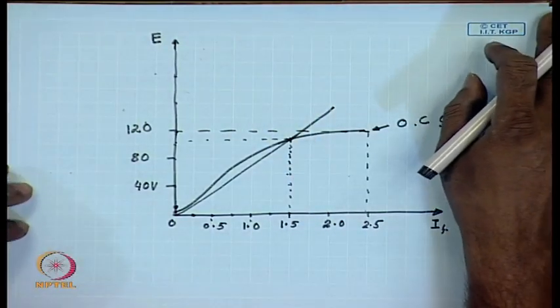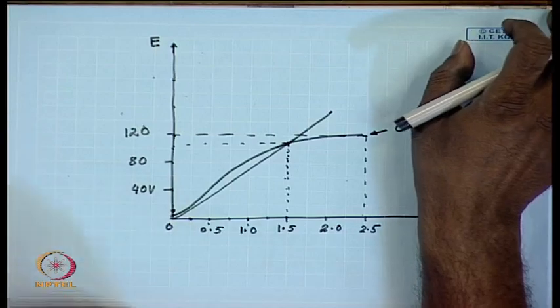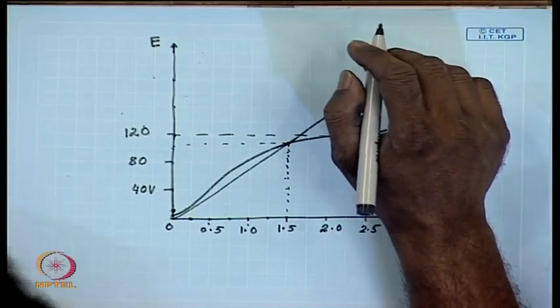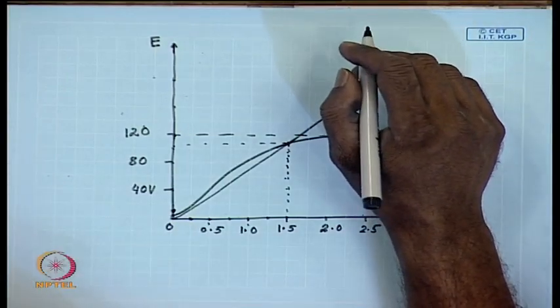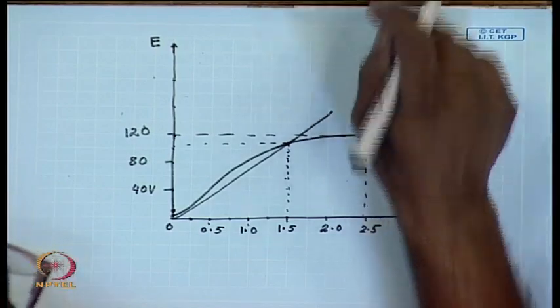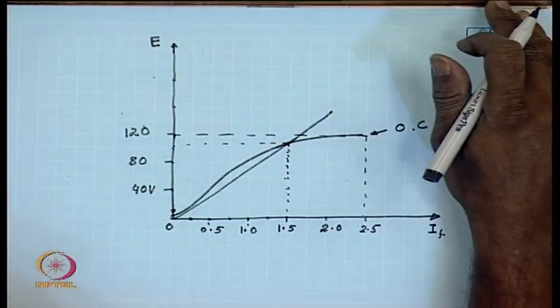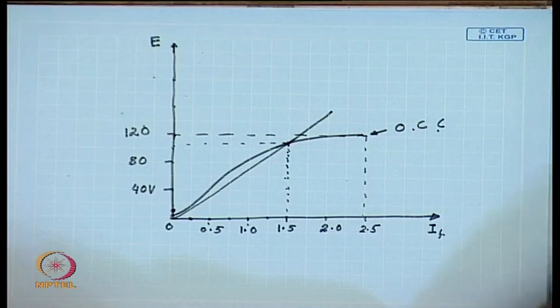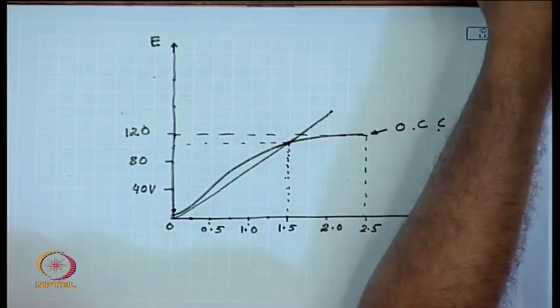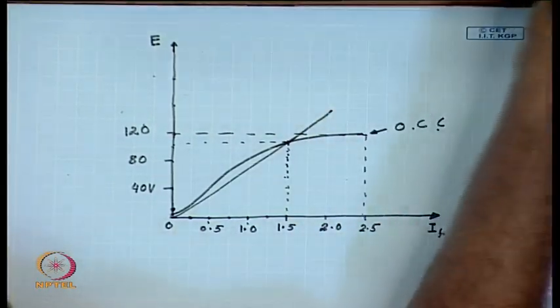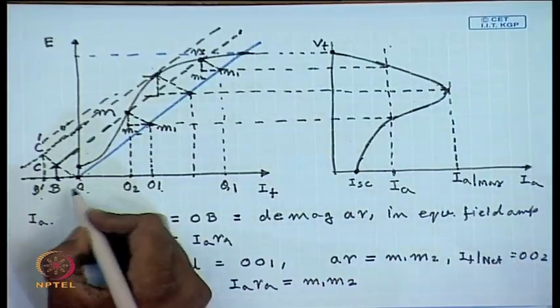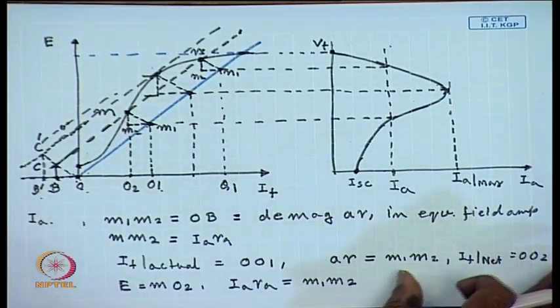So, if we neglect the armature reaction, then in this diagram the length of this OB is 0.